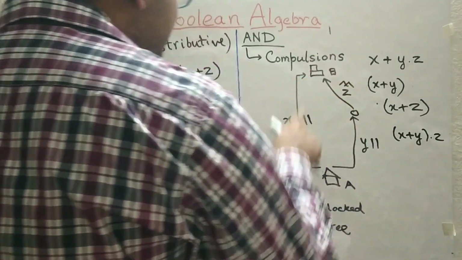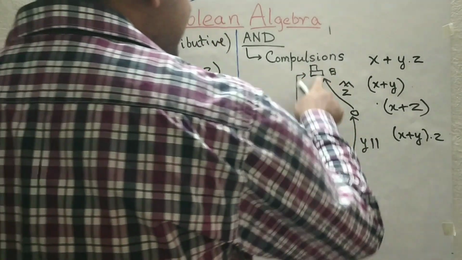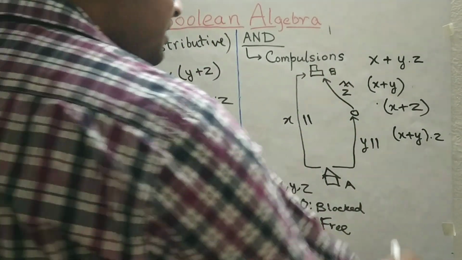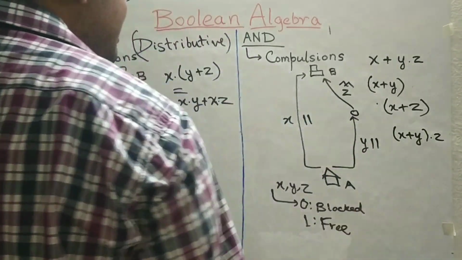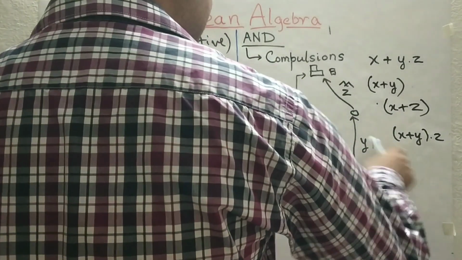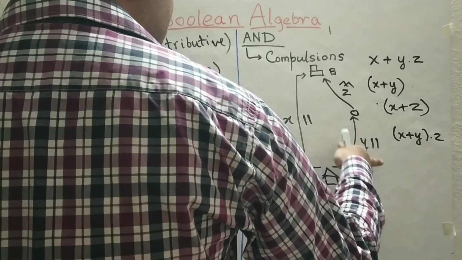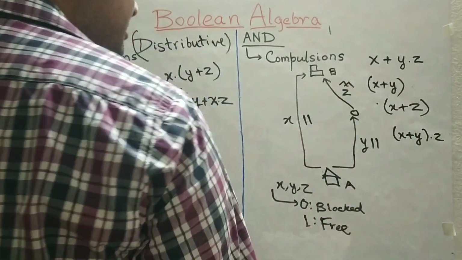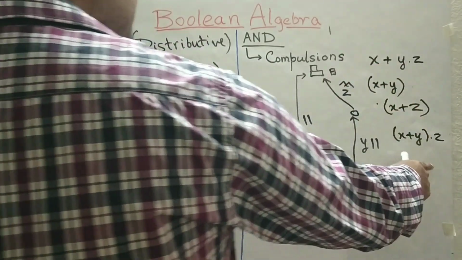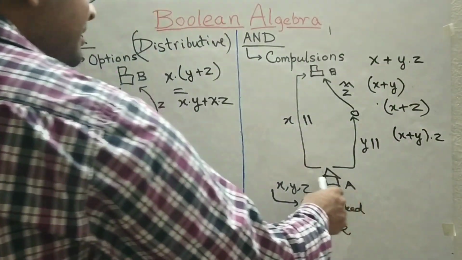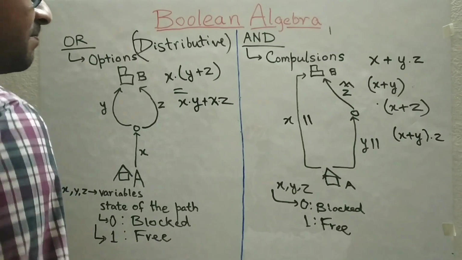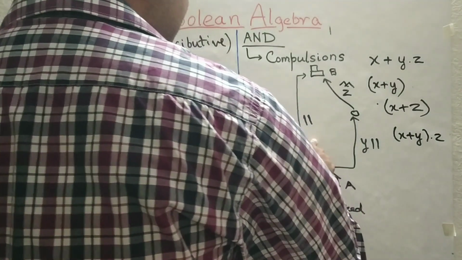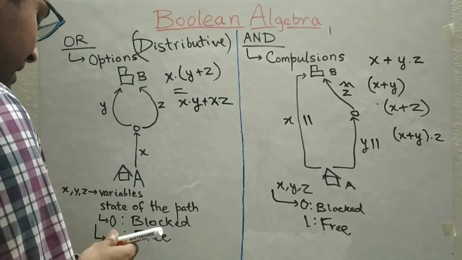There is a path from A to B. No, but we can clearly see that there is a path from A to B. If you are following this one, then what happened? In the first path, X and Y both are free, so you are free, and in the second part Z is blocked, so you are concluding that the road is blocked and there is no way to go from A to B. But clearly that is wrong. There is a path of going from A to B.